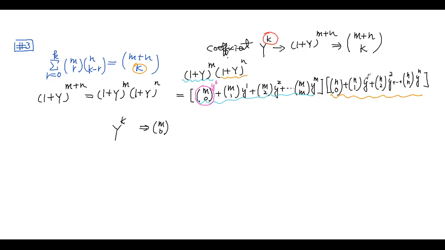So the only one that will give me y to the k will be C(n, k) y to the k's power, correct? Okay, so now if it's still not clear, let's take a look at these ones here, right? So for these ones here, when we try to FOIL it, it's C(m, 1) times y to the first power.